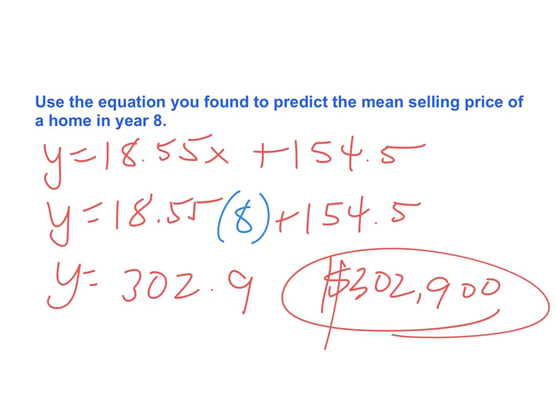That is not the price of a house. There are not houses, as far as I know, you can't buy a house for $302.90. If that were the case, there would not be homeless people. Okay, everyone would have a home to live in, right? They're talking about a home that's $302,900. So my final answer should reflect that. Put it back into its context.